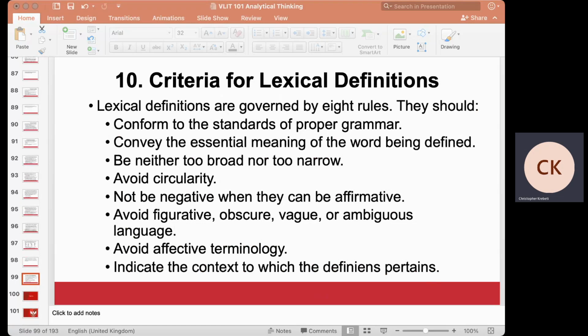Avoid figurative, obscure, vague, or ambiguous language. Avoid affective terminology. We're talking about emotionally charged language. And then the 8th one, indicate the context to which the definition applies.